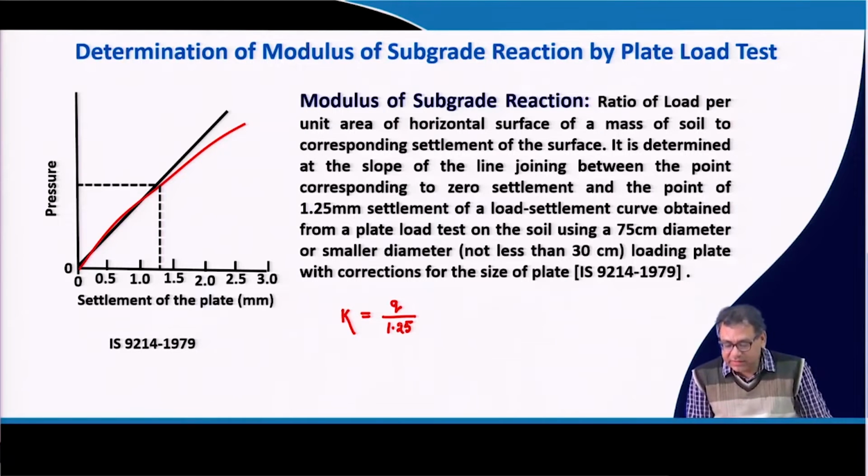You can see it is the ratio of the load per unit area of horizontal surface of a mass of soil to the corresponding settlement of the surface.